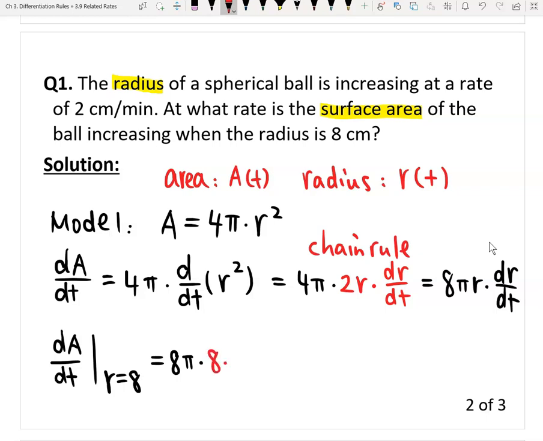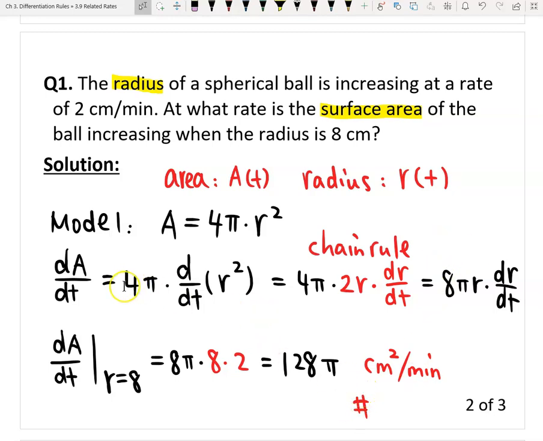And then the rate of radius, which is 2. Okay, can you see? We plug in, and then we get the answer. 64 times 2, 128 pi. This is already the answer. If they ask you what is the unit, of course, we're talking about the rate of the area, which is centimeter squared. Don't miss the square, right? Per minute. This is from the question. Can you see? We get the answer for this question.